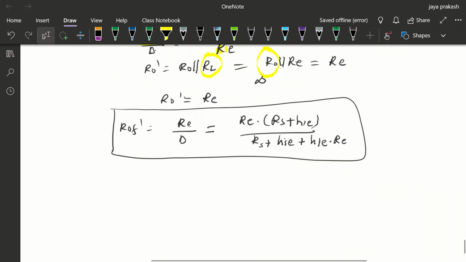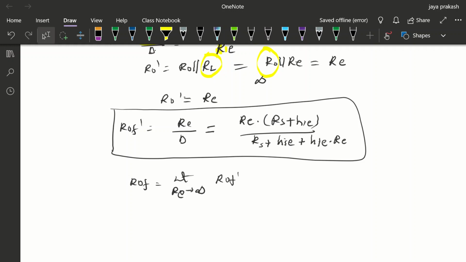Now we got the R naught F dash. From this R naught F dash we can find out R naught F by simply substituting the limit. We have to remove the load resistance, right? Load resistance RL tends to infinity in R naught F dash.